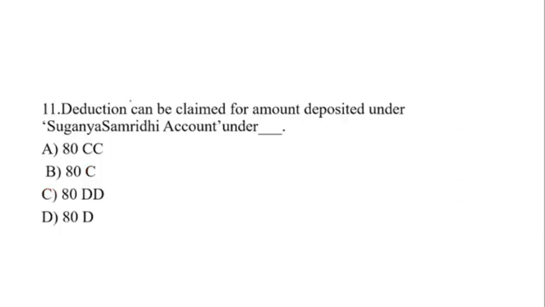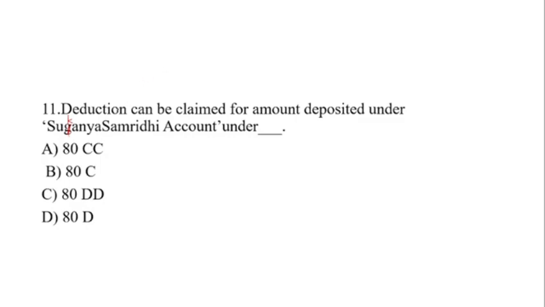Next is question number 11. Deduction can be claimed for the amount deposited under the Sukanya Samriddhi account. Under which section? Option A 80CC, option B 80C, option C 80DD, and option D 80D.